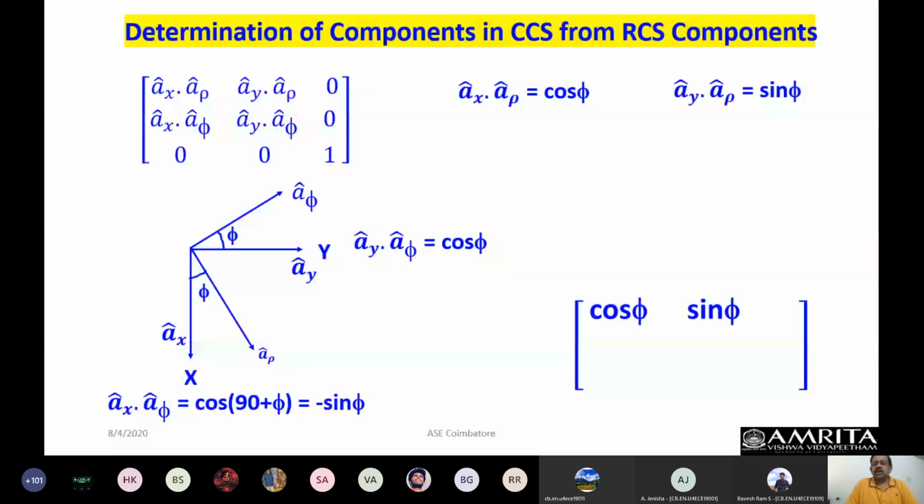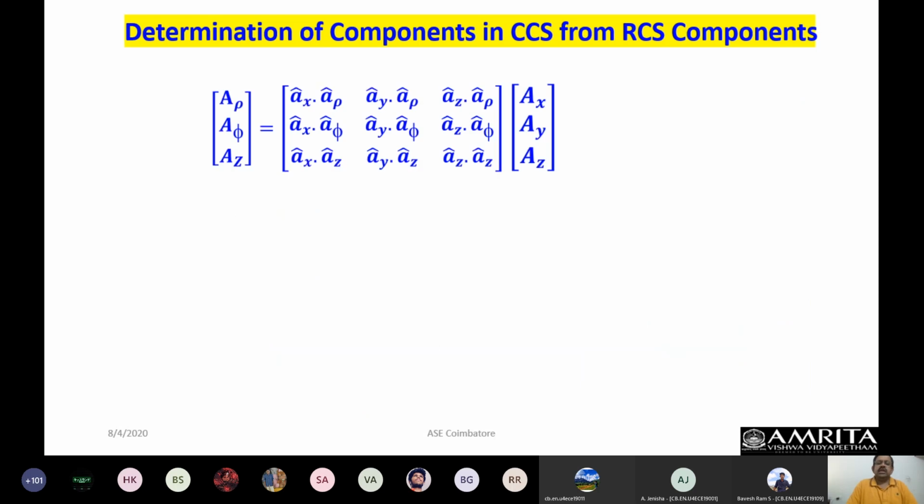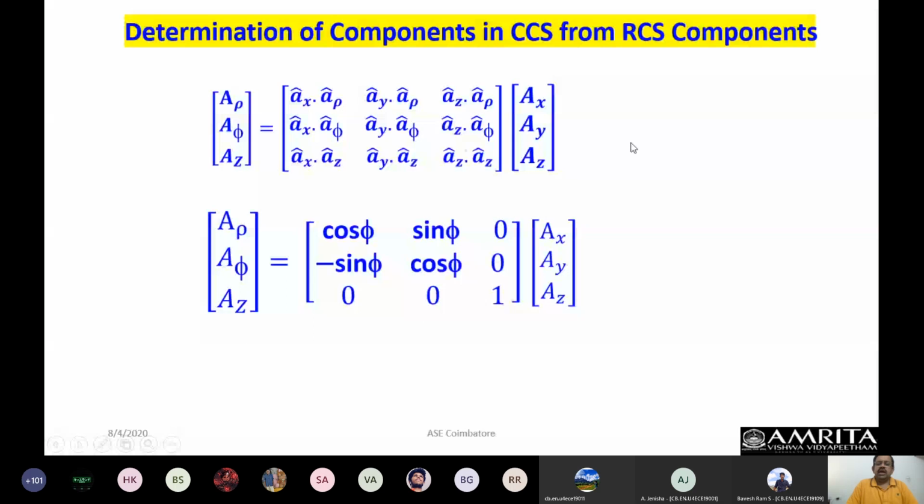So we have got this relationship as cos phi, sin phi, 0; minus sin phi, cos phi, 0; 0, 0, 1. And we have got the transformation matrix or dot product matrix. So all we need to do, to get the entire transformation, is pull out that relationship over here, and the example I took, 2x hat plus 2y hat plus 4z hat.